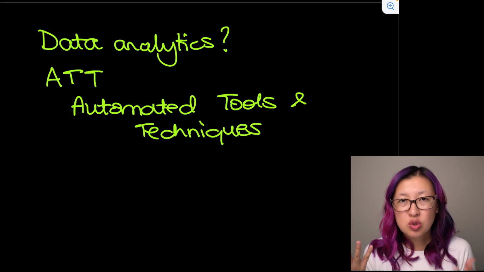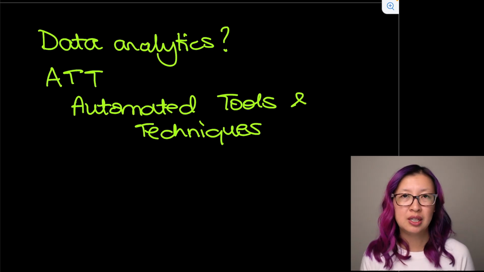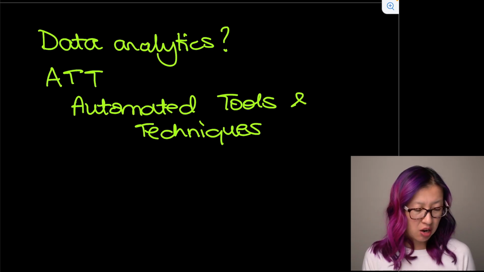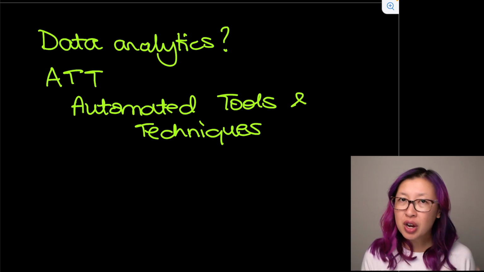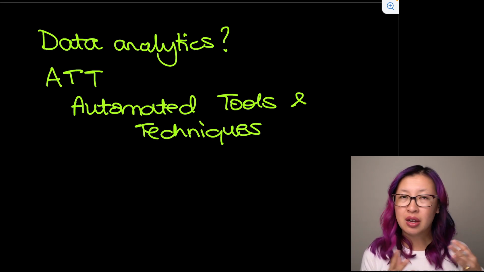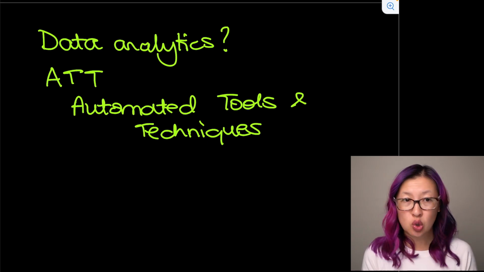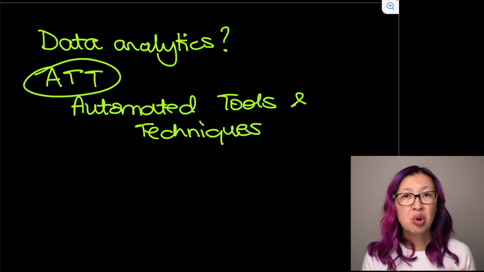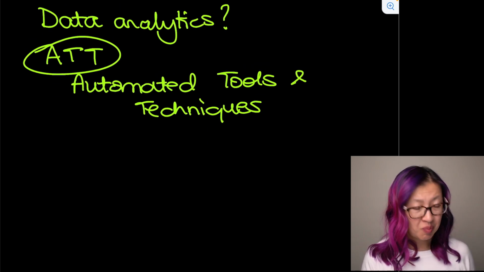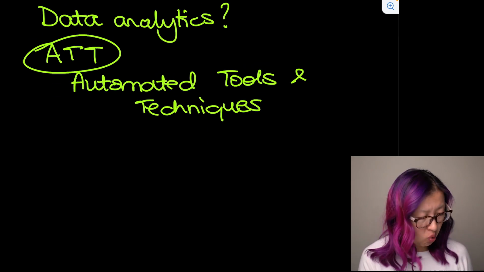All right, so that's what they mean when they say data analytics. When we use the term more colloquially, data analytics, you'll see in a lot of audit literature from professional bodies and the regulators all across the world, they'll use the term ATT, automated tools and techniques. Now, of course, that's a lot of stuff that we already know.